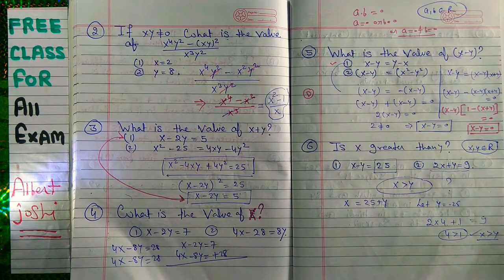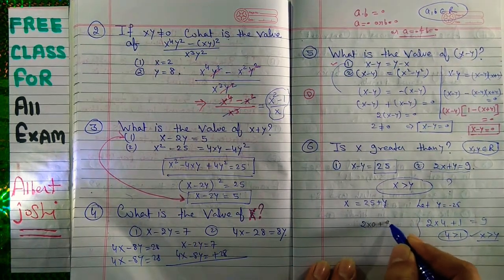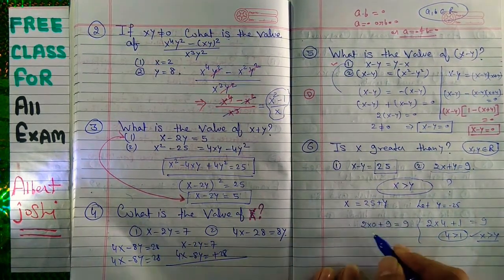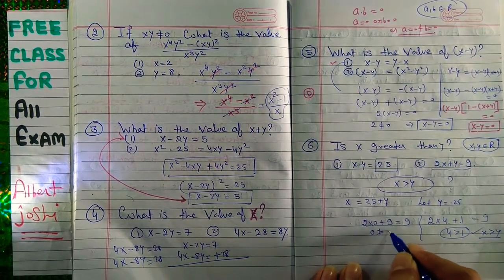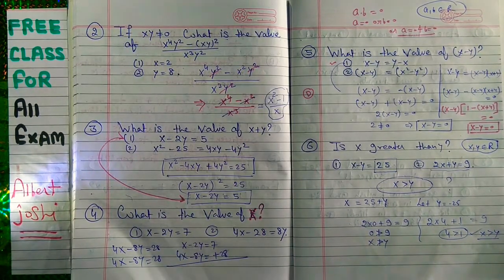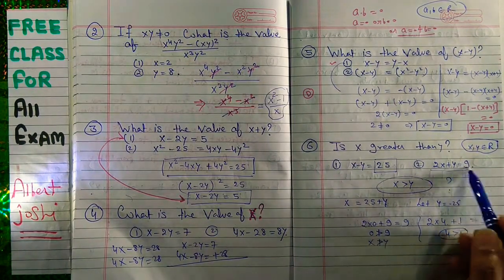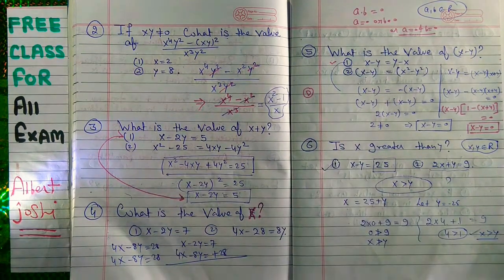Now I will use another form. 2 into 0 plus 9 is equal to 9. So your x is 0. 0 is not greater than 9. So your x is not greater than y. You have seen, so your second statement is not correct. Only your first statement is correct.